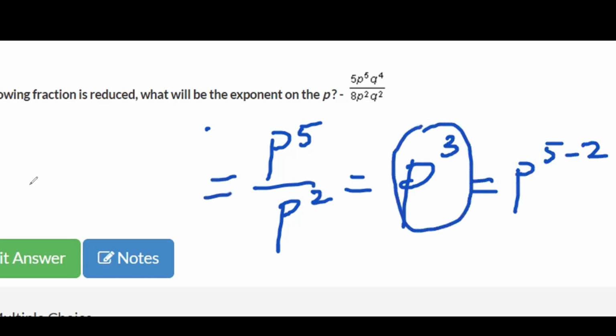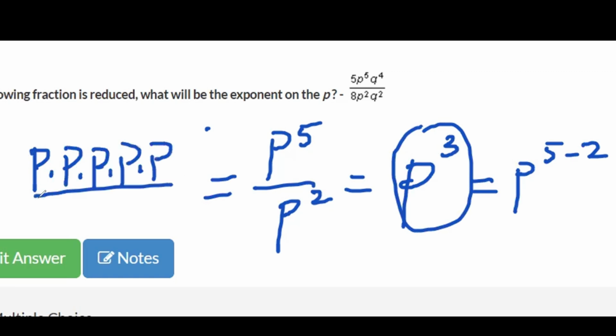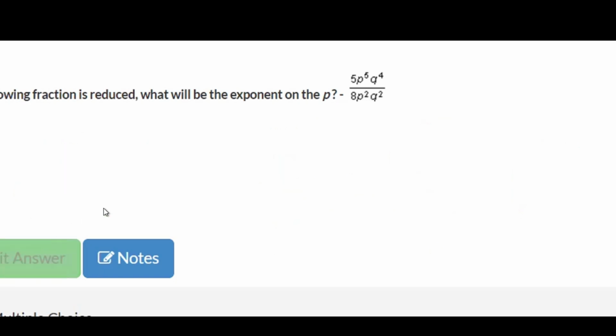Or you can write it like this: P multiplied 5 times, and this is P multiplied by P. So those two will cancel out. So we have P power 3, which is P times P times P. The power is 3, correct?